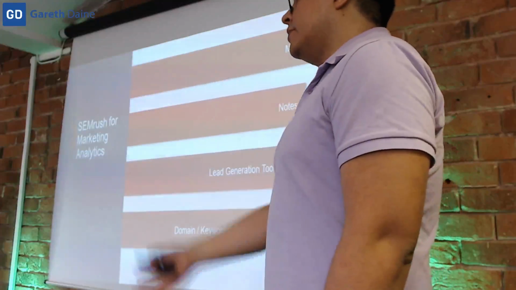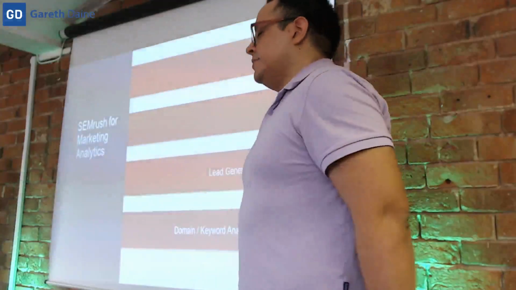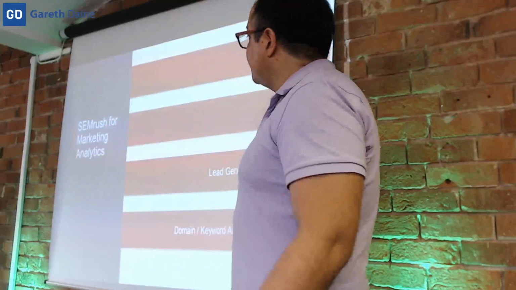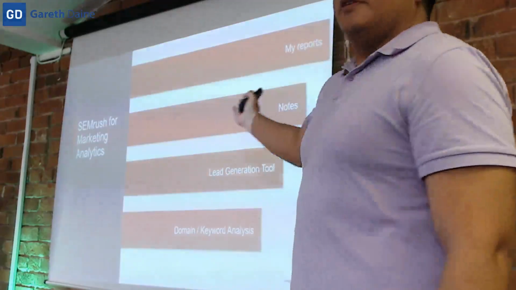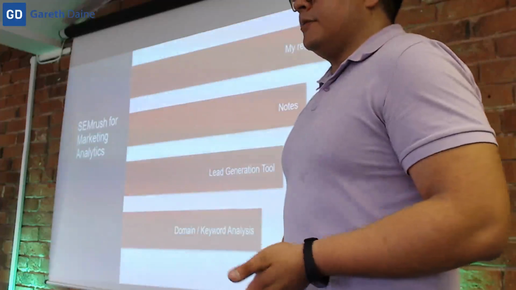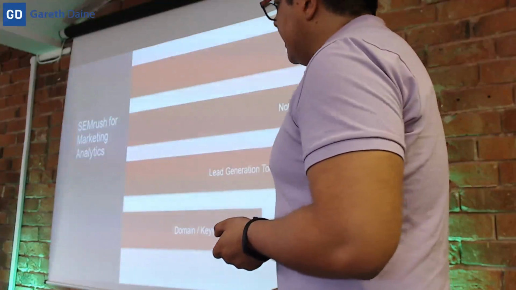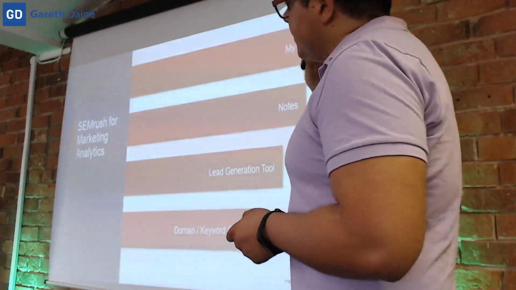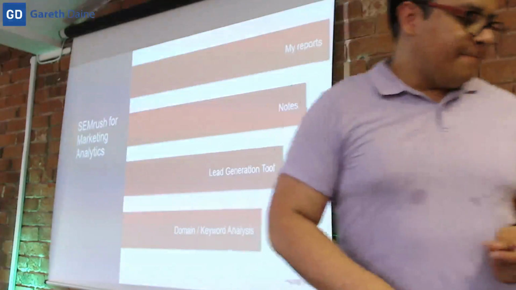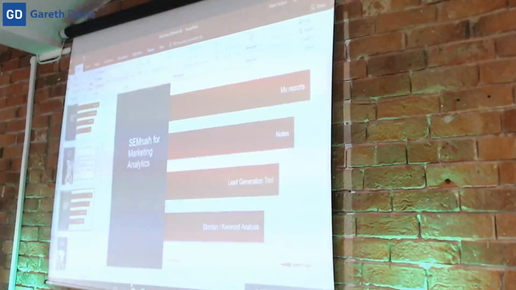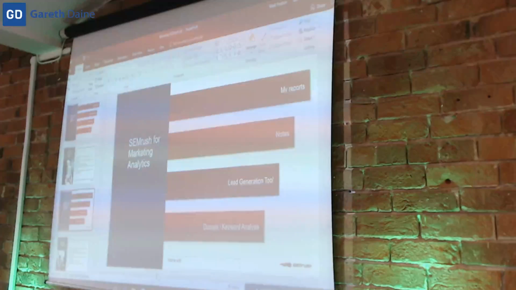So the most important thing, as Mark told us today, reports. Reporting is a very important part of this work. Notes, lead generation tool, domain keyword analysis are also included in the report feature. Let me show you the report feature, and then we will finish this part.